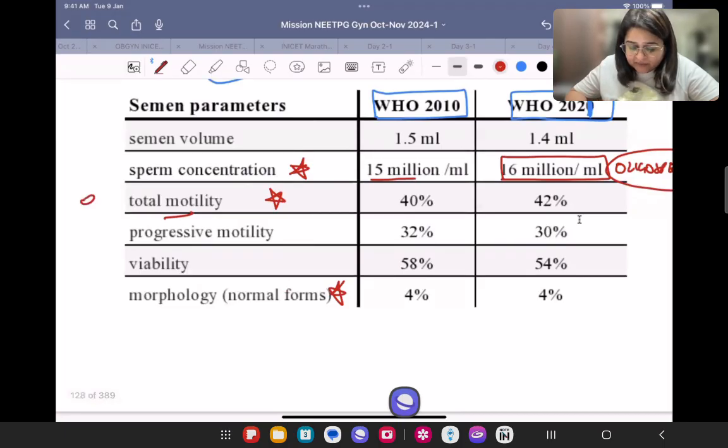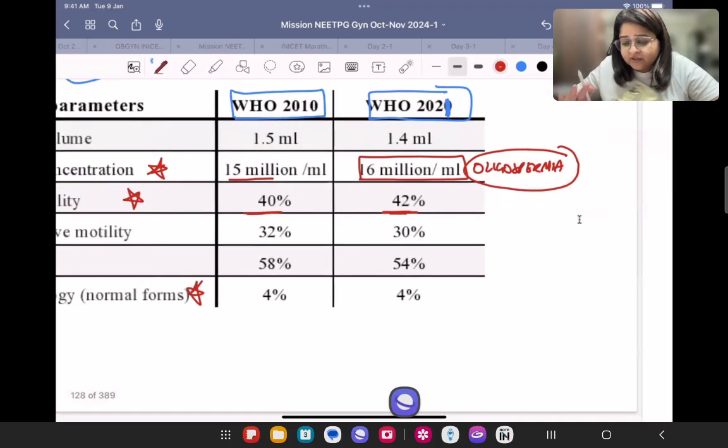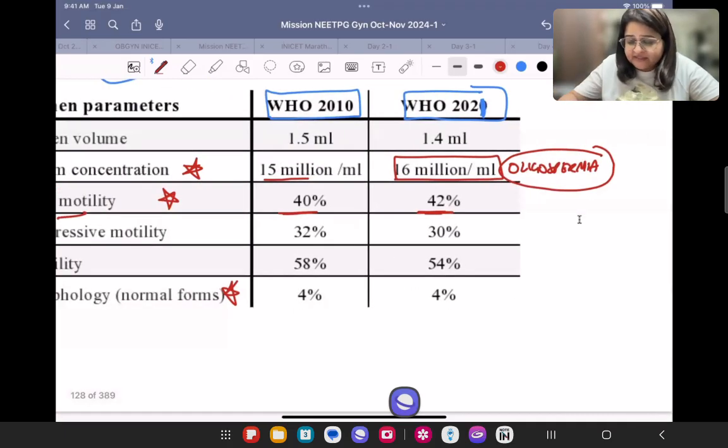When you look at a sperm under the microscope, the sperm is moving continuously. So if moving sperm are seen, the cutoff used to be 40%, now it's 42%. If the motility is less than 42%, it is called as asthenospermia.